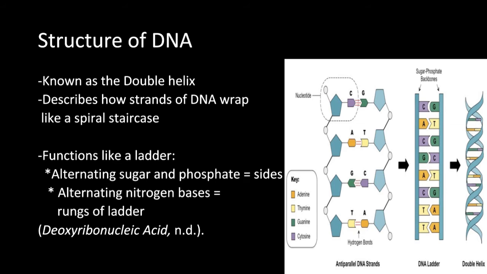The alternating nitrogenous bases are the rungs of the ladder. The complementary nitrogenous bases actually contain information. That itself is information which is used to build up the biological information.